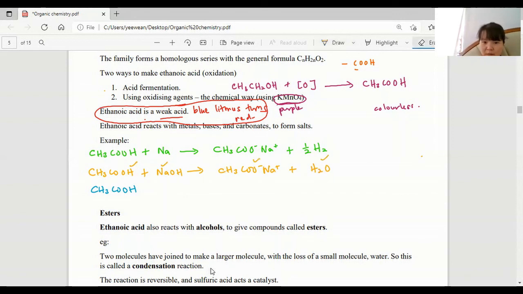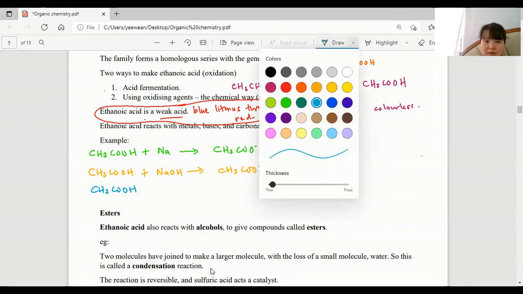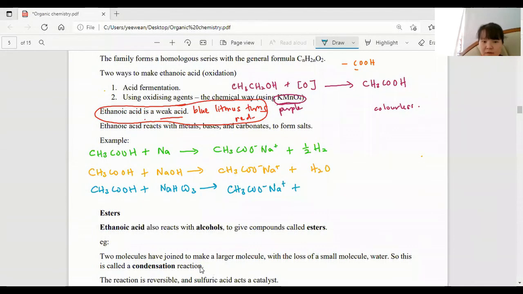You've seen that before under the acid-base chapter. And the last one with a carbonate. So carbonate is officially a good test for acids. So you'll get the same salt again. You'll get water and some gas. Carbon dioxide gas will be liberated because of this carbonate.